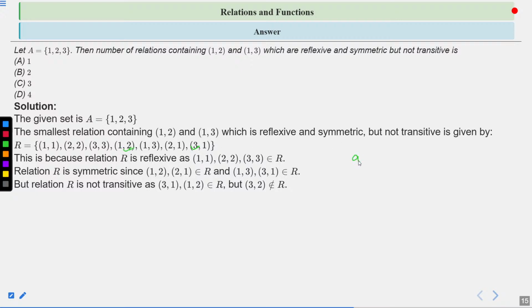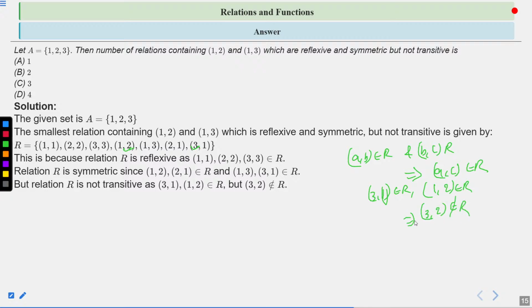If (a, b) belongs to R and (b, c) belongs to R, then (a, c) must belong to R. But you can see that (3, 1) belongs to R and (1, 2) belongs to R. So by the condition of transitivity, (3, 2) must belong to R, but it does not belong to R. Is there any element containing (3, 2) in the relation R?